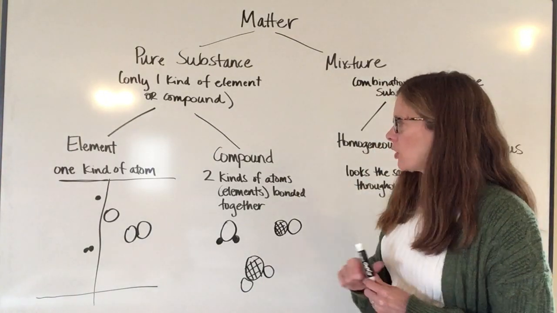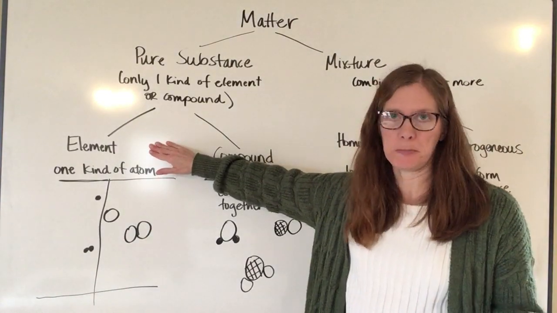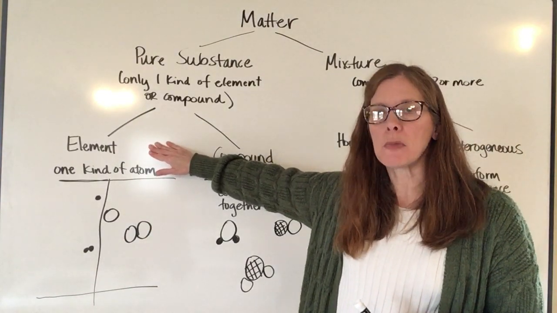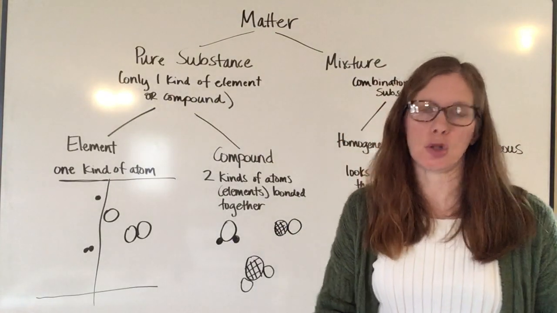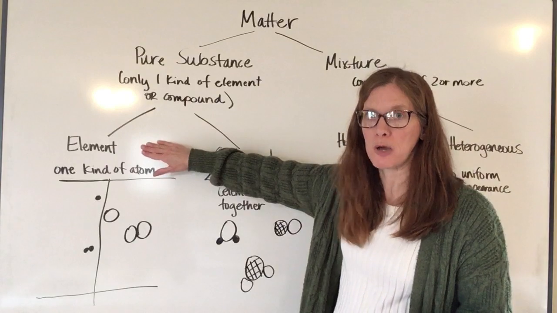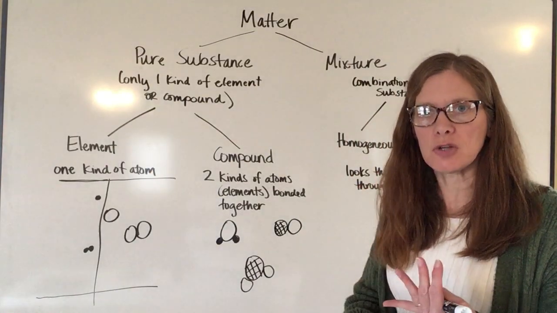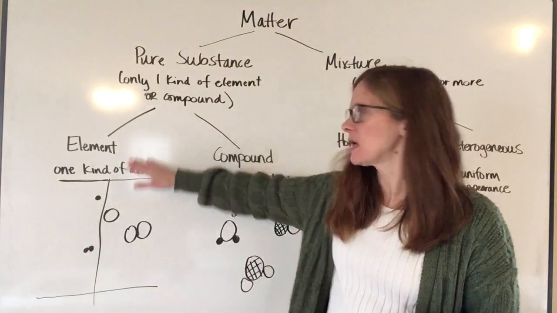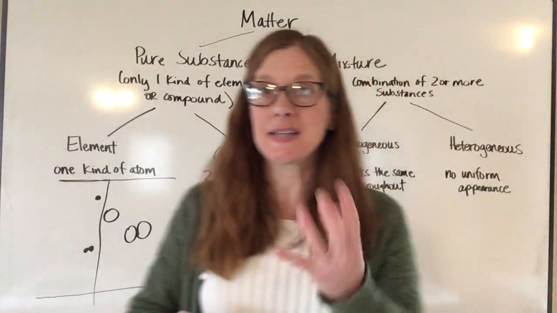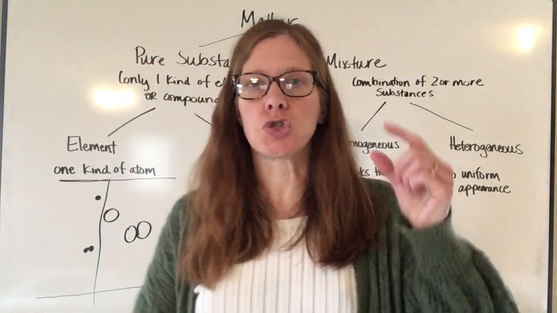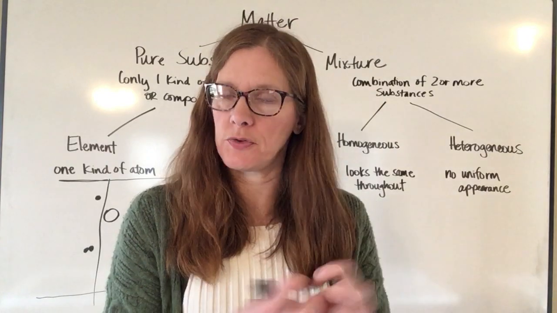Okay, so examples of elements, like I mentioned before, helium in a balloon. Aluminum, like aluminum foil. If you pull out a sheet of aluminum foil, that's just straight aluminum. There's nothing else there but aluminum atoms. Hydrogen, oxygen, nitrogen, those are all examples of elements. Compounds, two atoms bonded together. So if you have table salt, that is a sodium atom and a chlorine atom, compound there.